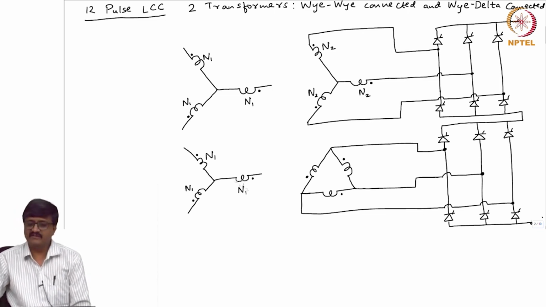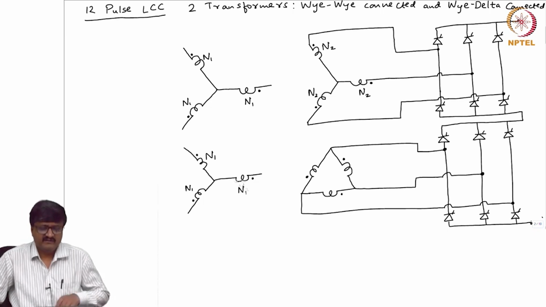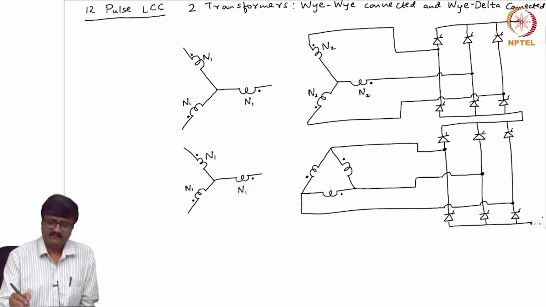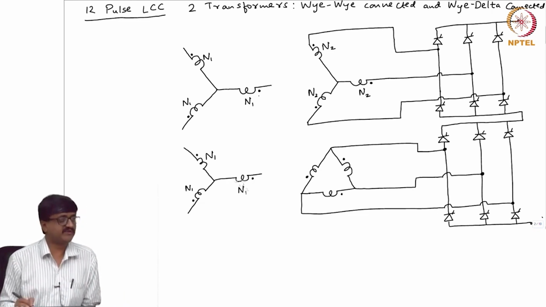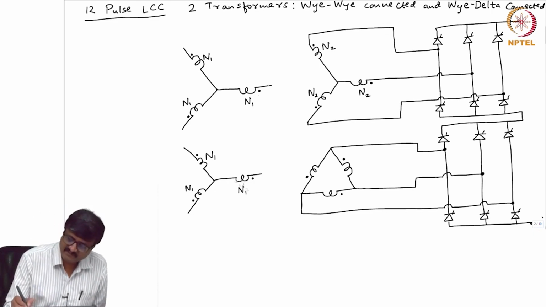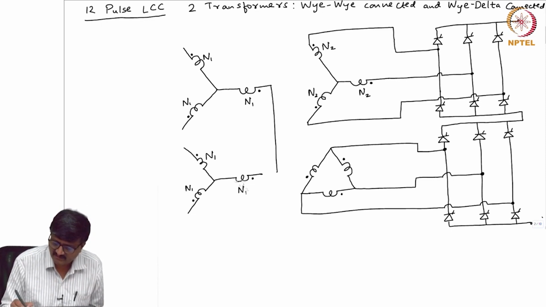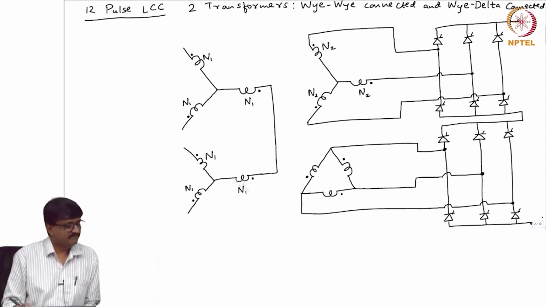on the DC side of the 12 pulse LCC, and we also short the terminals of the Y side of the two transformers. So, I take this terminal of the Y side of the first transformer and connect it to this terminal of the second transformer Y side. Okay.